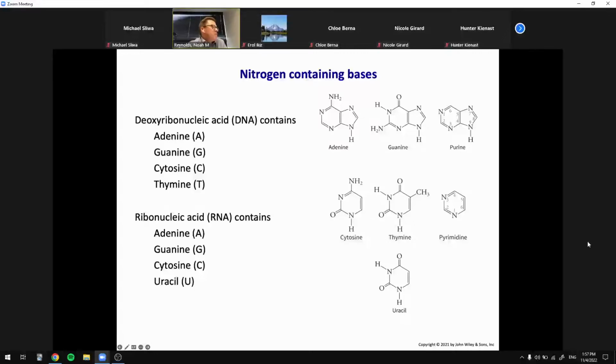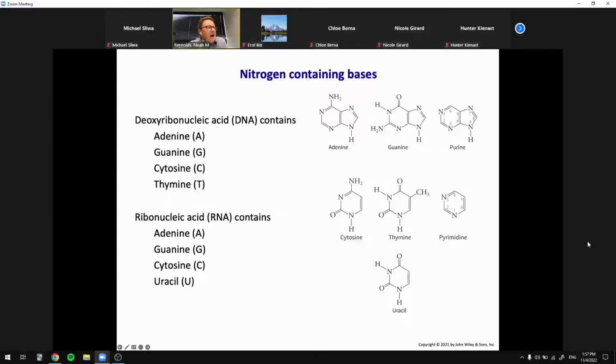We talked about the nucleotides and the structure of the nucleotides. But first we talked about the nitrogenous bases that they contain, DNA containing adenine, guanine, cytosine, and thymine, and RNA containing adenine, guanine, cytosine, and uracil.